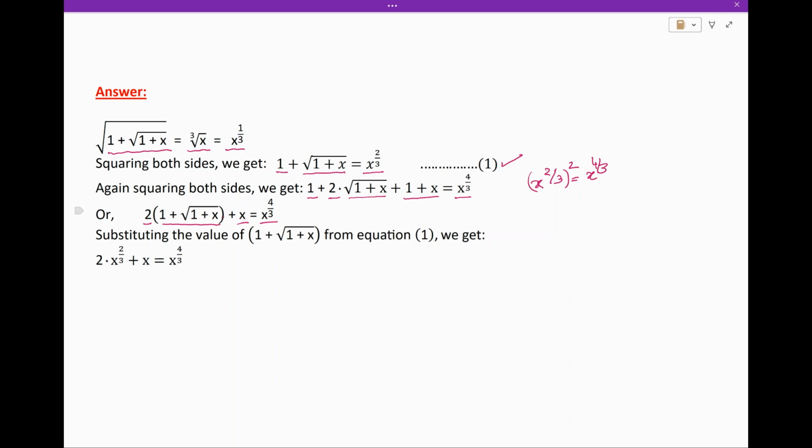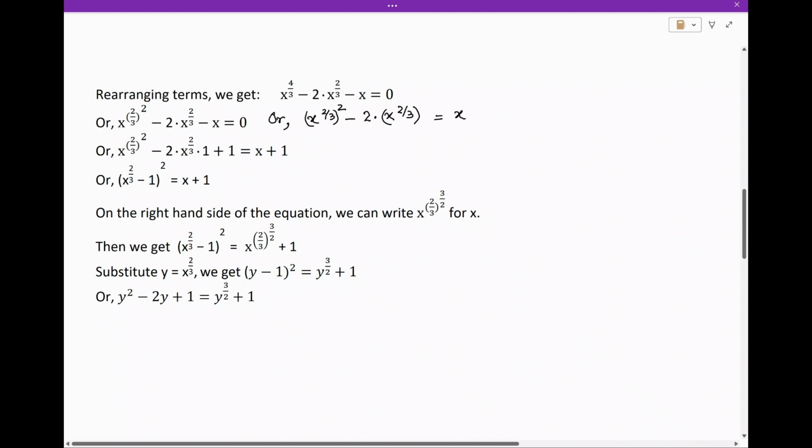Therefore, substituting the value for 1 plus square root of 1 plus x in this equation, we get 2 multiplied by x to the power of 2 by 3 plus x is equal to x to the power of 4 by 3. Rearranging terms, we get x to the power of 4 by 3 minus 2 multiplied by x to the power of 2 by 3 minus x is equal to 0.